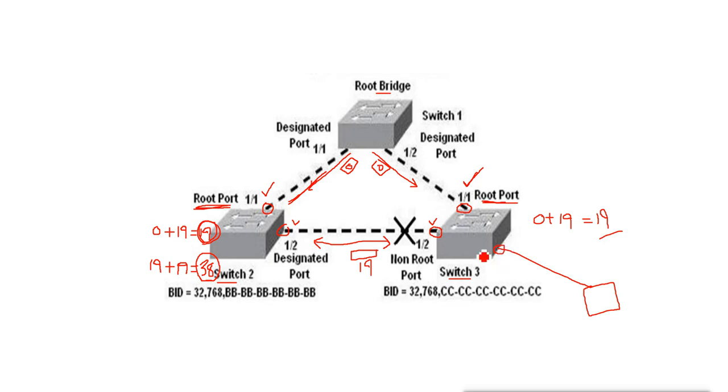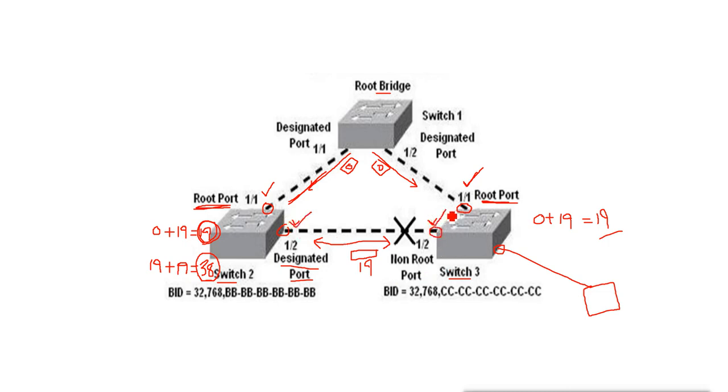But when these ports are connected to the root bridge, then if a port has the shortest path, it will become the root port, and all the other ports which have more cost than the root port become designated ports. These ports are called designated ports.